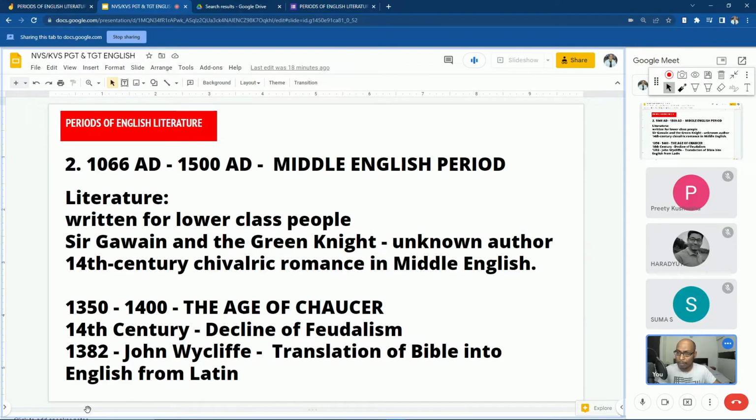Okay, then what kind of literature was written in the Middle English period? Now, if you talk about literature, the literature was primarily focused on lower class people. If you remember, the Old English literature was meant for aristocracy, kings and queens and royal people. But in the Middle English period, when they started writing miracle plays, mystery plays, morality plays, their main focus was the lower class people, because the shift had begun from the kings or royal families to the lower class people.